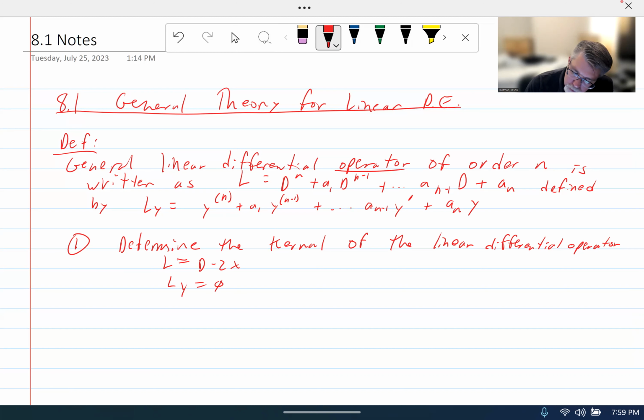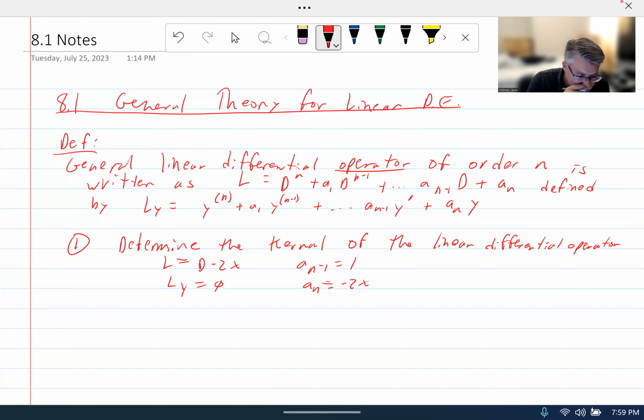Okay, so what was the original differential equation? So D minus 2x, okay, D would have been, so a n minus 1 is 1, and then a n is 2x, or minus 2x.